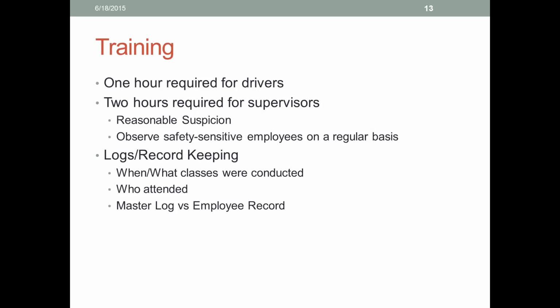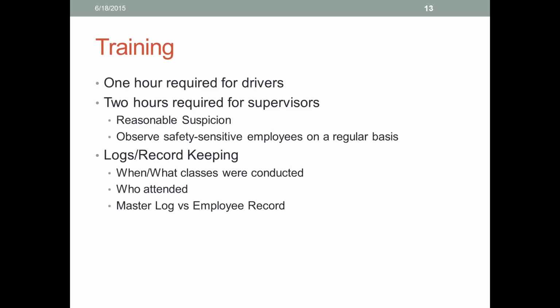And then within all of this, you have to keep logs of when and what training classes were conducted, who attended those classes, how often, how frequently, et cetera. We often counsel folks that there should be a master log. A master log is basically a training program log that says on October 3rd of 2015, we conducted this training class, and here's who attended.